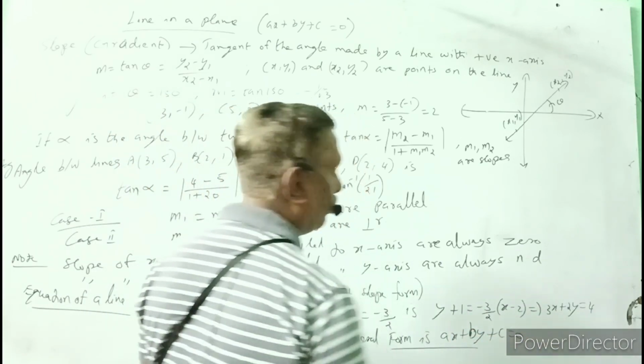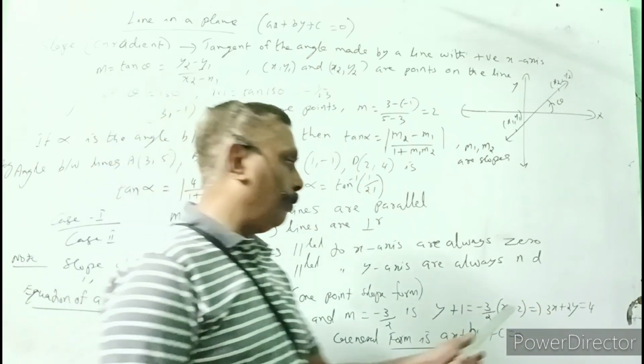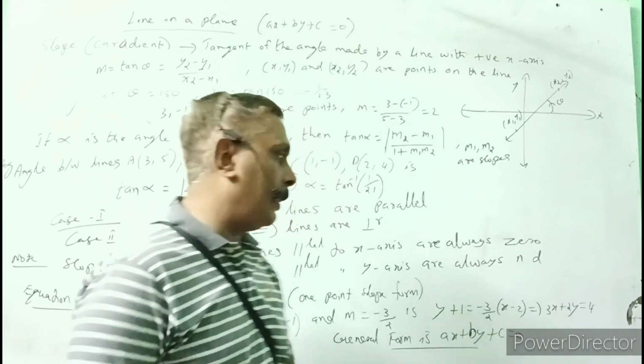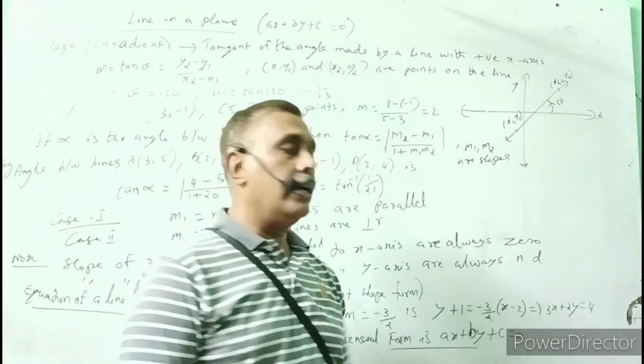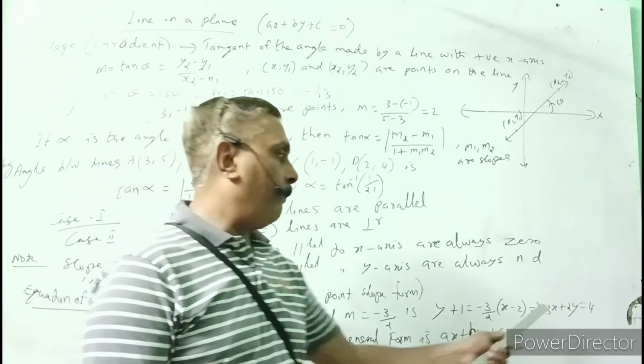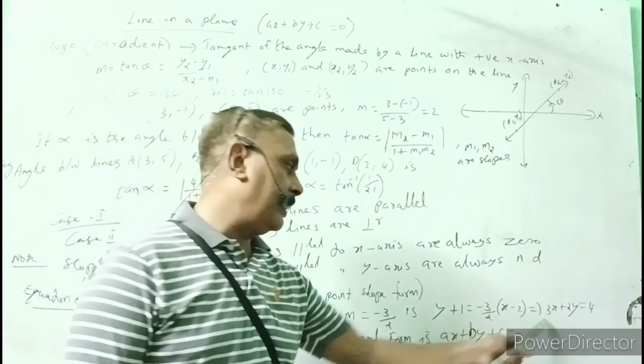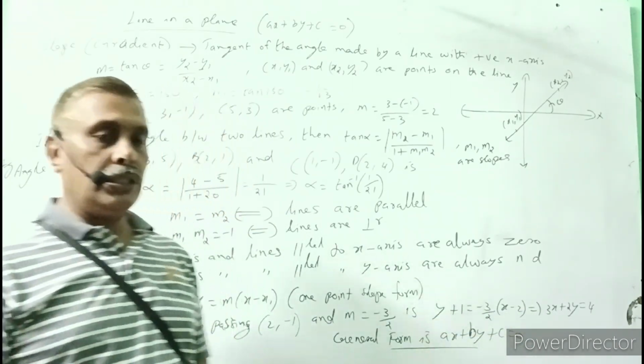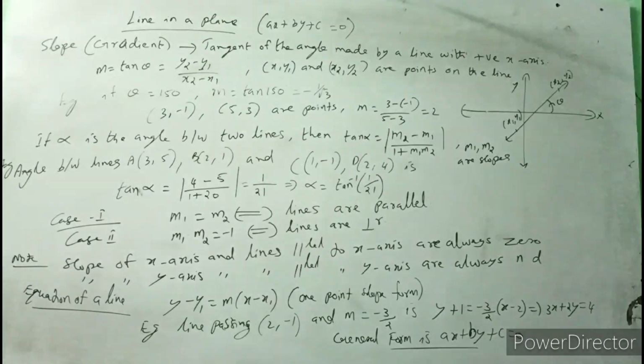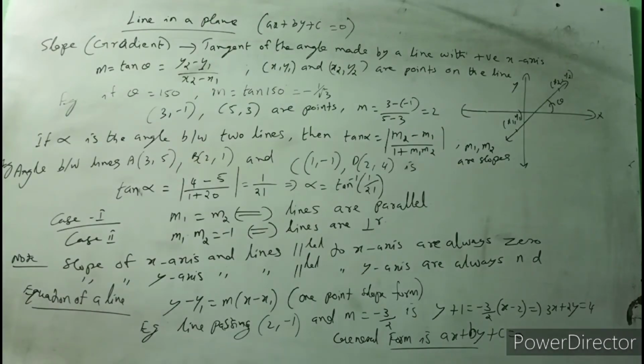Simplifying, you will get 3x plus 2y is equal to 4. You may recall that in 9th and 10th standard we studied the equation of a line in a plane. That is why its general form is always ax plus by plus c is equal to 0. Let's see some examples now.